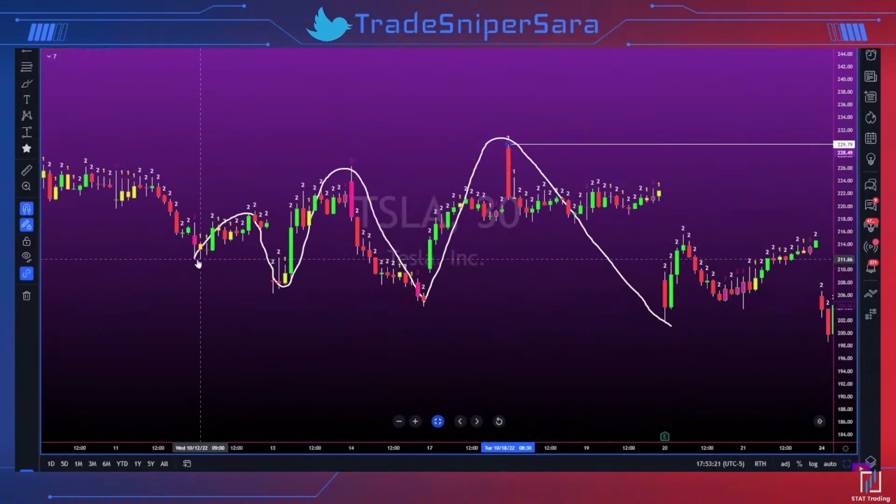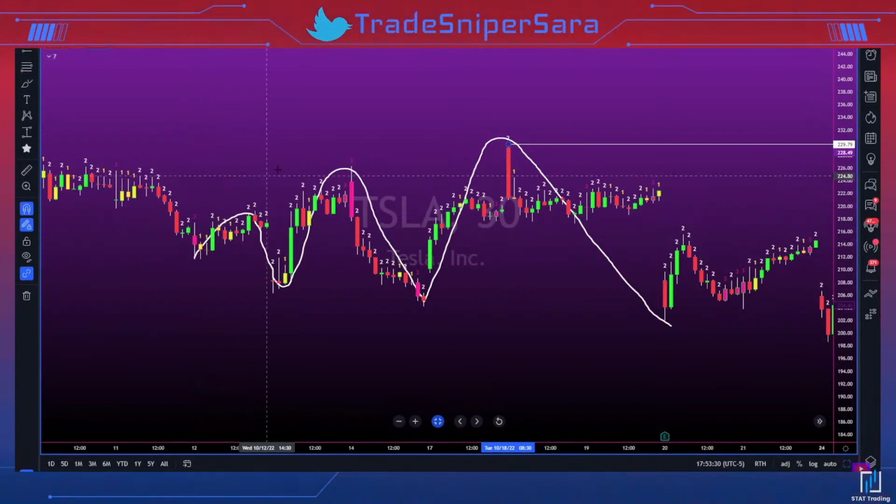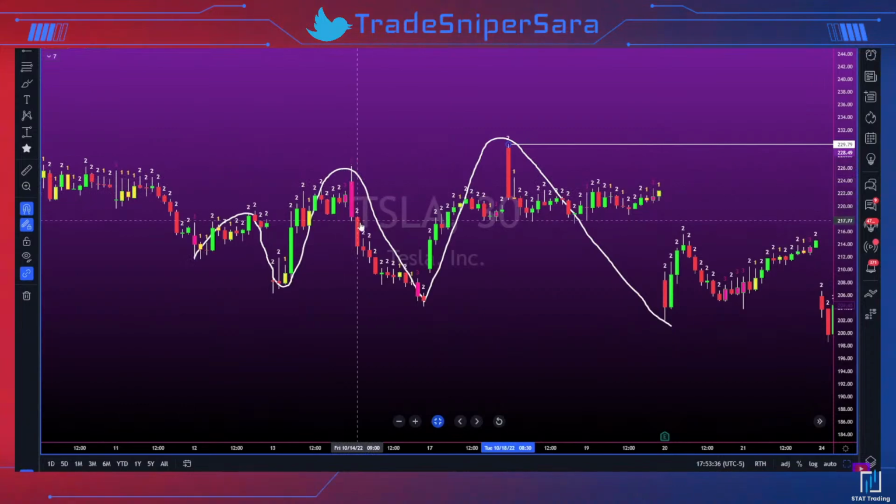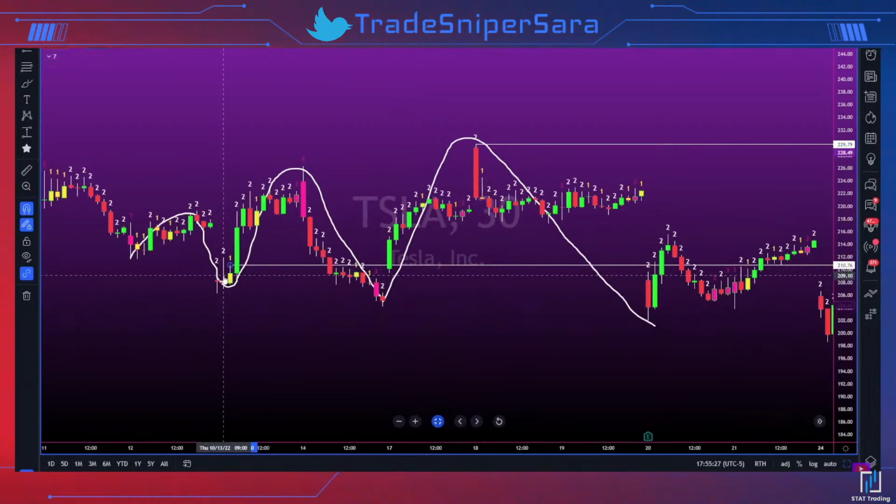So if you're at the bottom of a potential broadening formation, you're going to look for bullish reversals. If you're at the top of a broadening formation, you're going to look for bearish strat reversals. Make sense? You got a 2, 1, 2 up. So you're looking for bullish reversals.